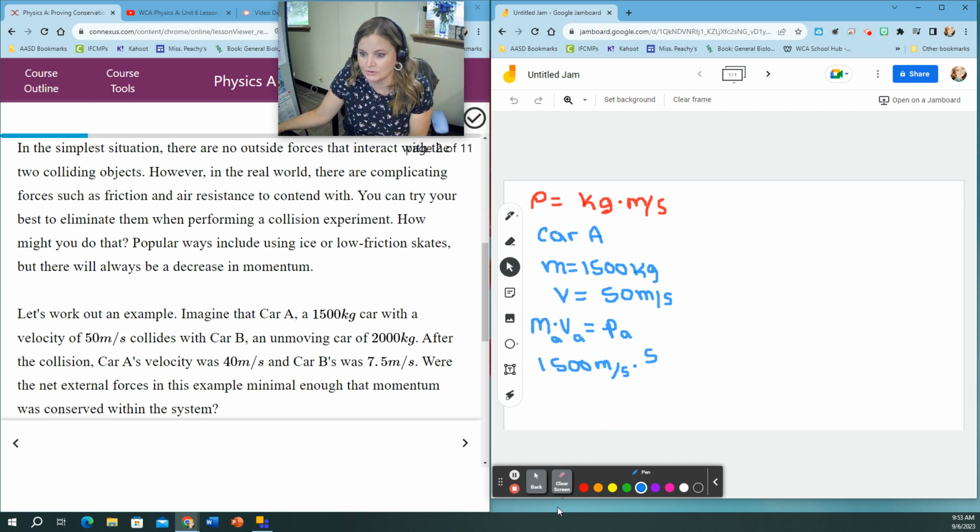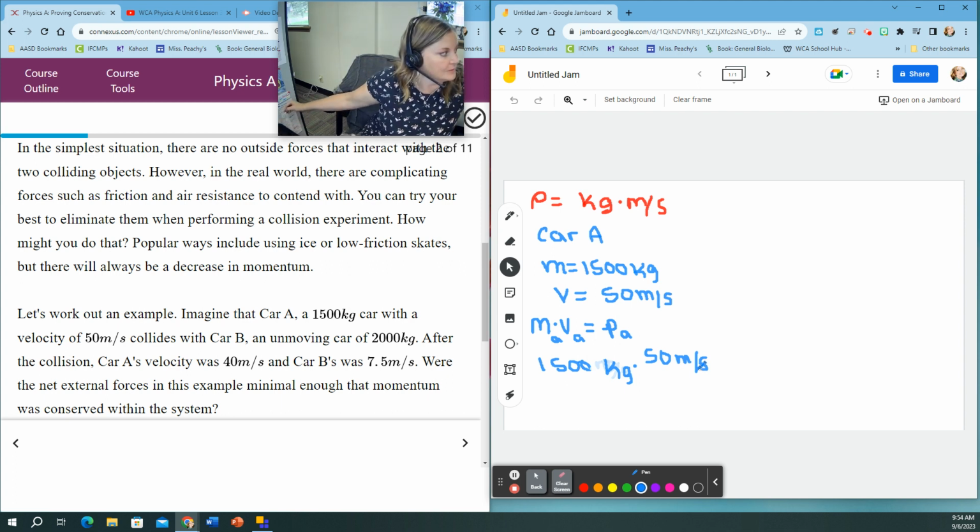Where's my eraser? Okay, maybe I'll choose white. This should be kilograms. That was my bad. Kilograms times 50 meters per second is equal to, on my handy dandy calculator.